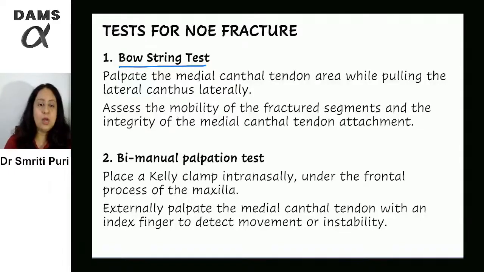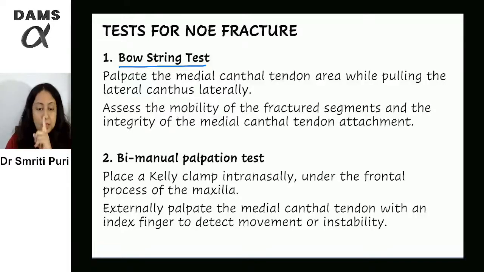The second one is a bimanual palpation test. I have the visuals for both of them, so I'm going to show you. In a bimanual palpation test, you introduce a Kelly clamp or any instrument via the nostrils into the nasal cavity, up till the nasal process here where the medial canthal attachment is.